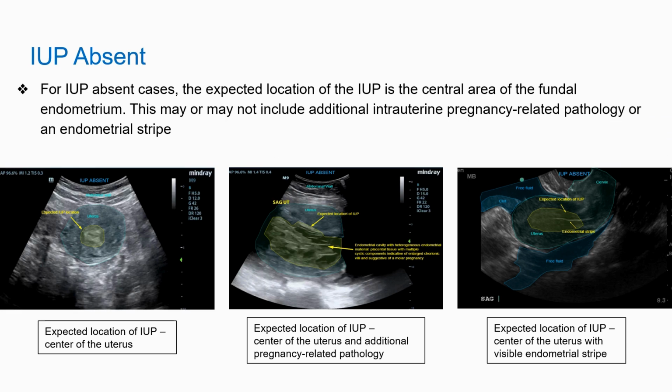The first one demonstrates the expected location of the IUP in the center of the uterus. The second does the same, but also demonstrates some additional pregnancy-related imaging findings, such as heterogeneous endometrial material. And the third shows the expected location of the IUP in the center of the uterus with a visible endometrial stripe.